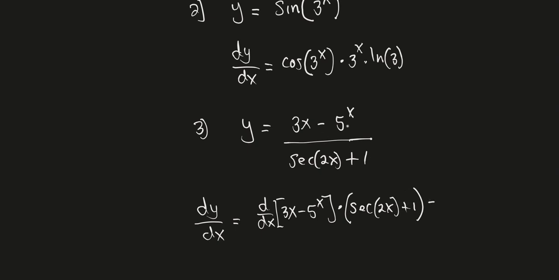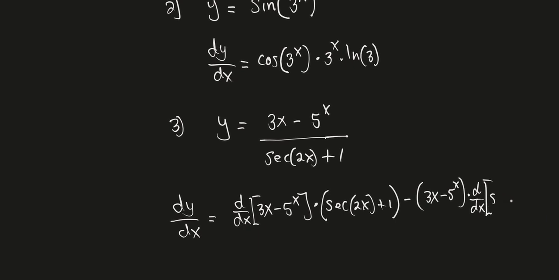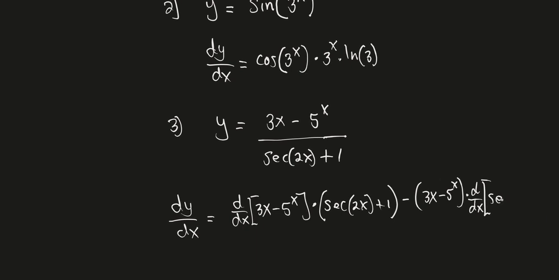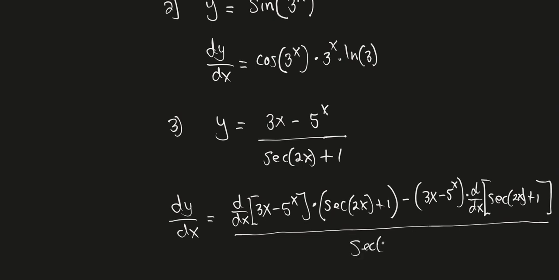And then minus the numerator, which is another quantity, 3x minus 5 to the x, times the derivative of the bottom, which is the secant of 2x plus 1, and then this is all over the bottom squared. Right, so this is our mighty quotient rule.